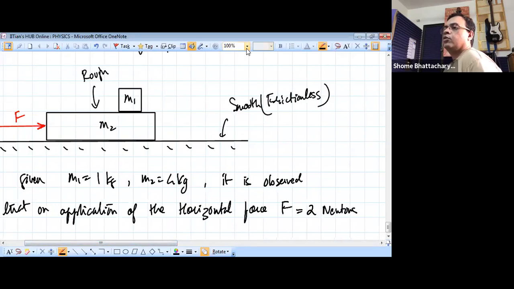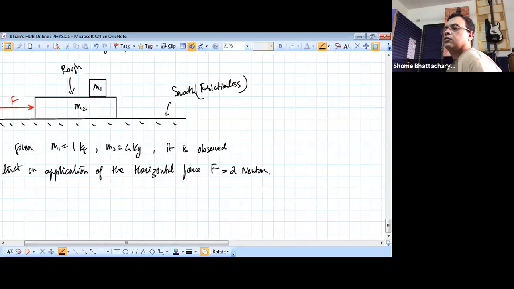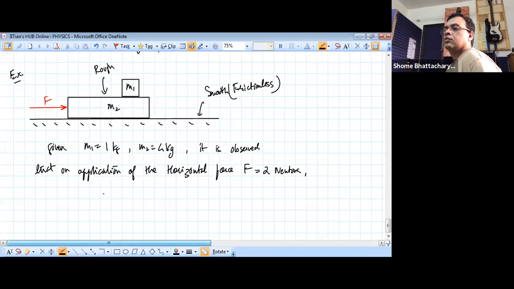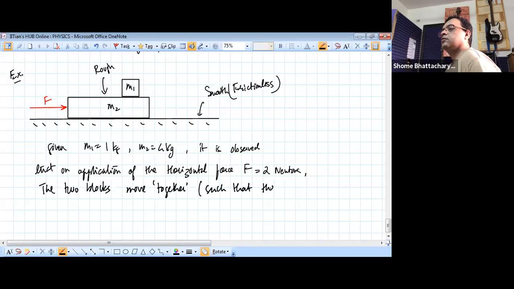what is happening here is the two blocks move together, such that there is no slipping between them.